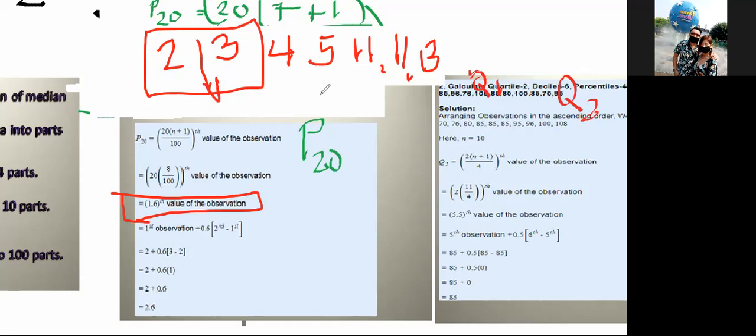So first we get the first number, which is 2, and we need to plus it with 0.6 times the difference between the two, the difference between 2 and 3.